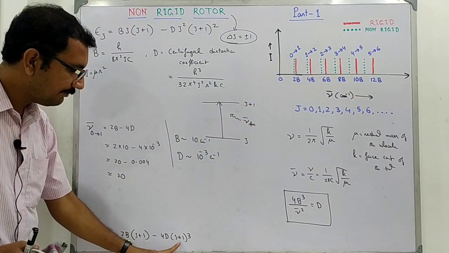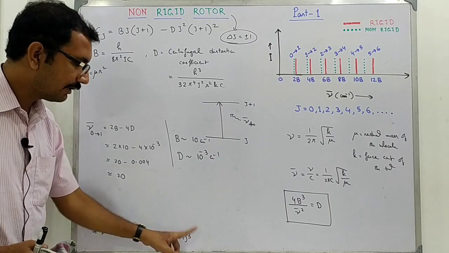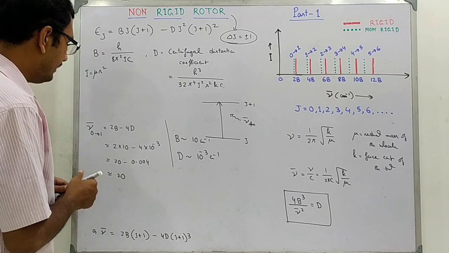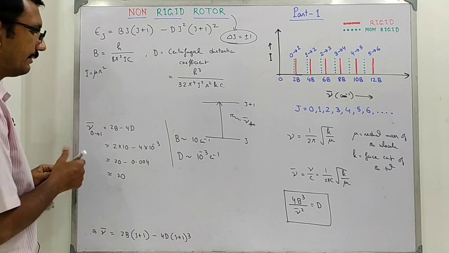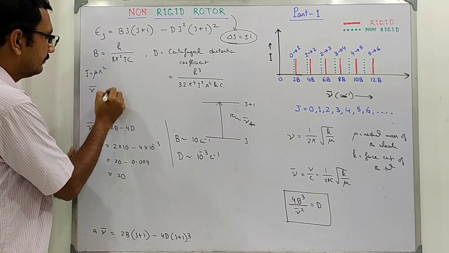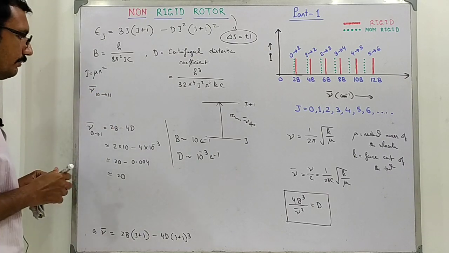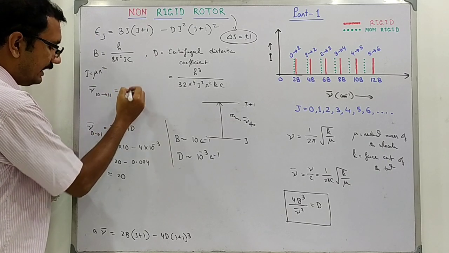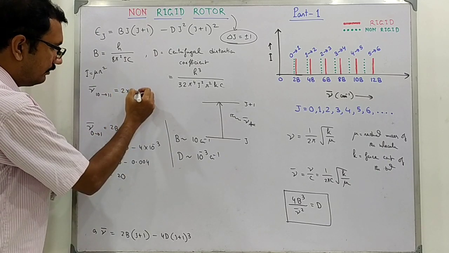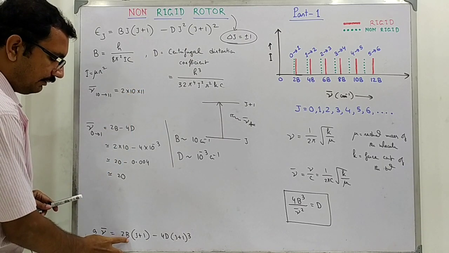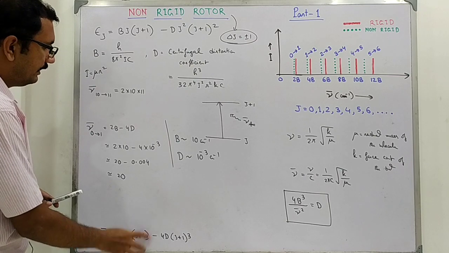Now, as we go to the right, that is J is increasing, this will be multiplied by this j plus 1 whole cube. So, if we take the transition, say J equal to 10, not from 0 to 1, see what happens. Nu bar 10 to 11. It will be 2b, so 2 into 10 into 10 plus 1, so it will be 11.